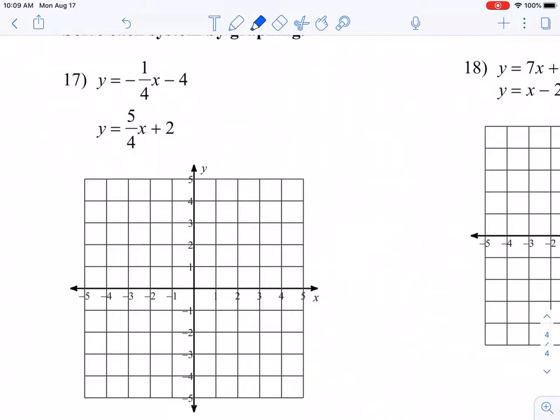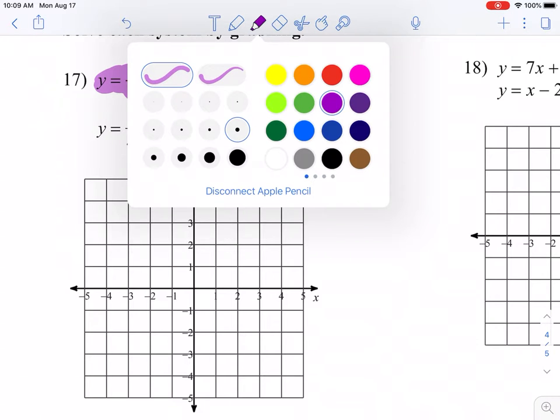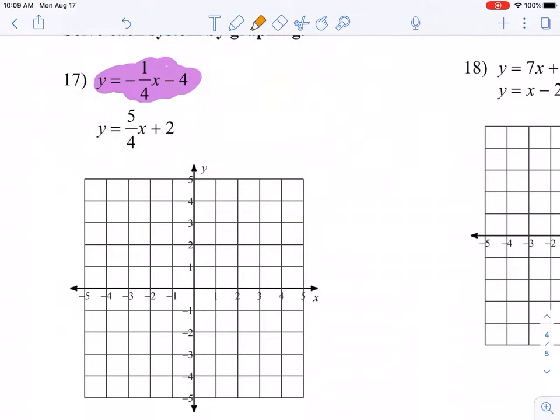So I'm going to make this one purple. So I'm going to do a purple line. And I am going to do an orange line for my second one. So in purple, I'm going to have my m equals, b equals.